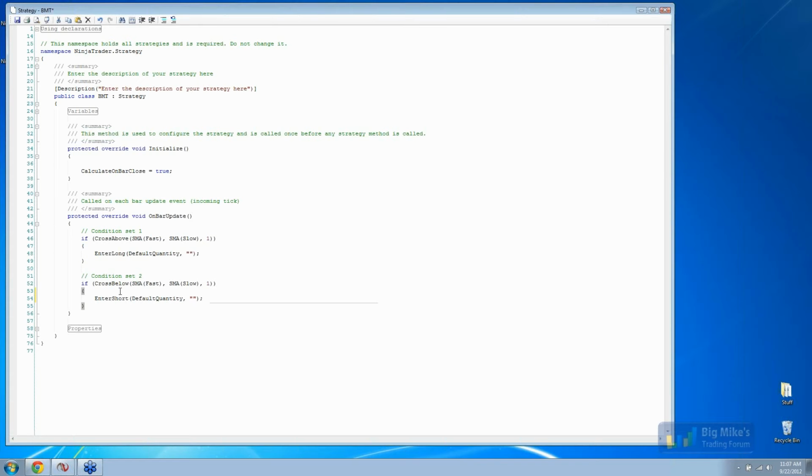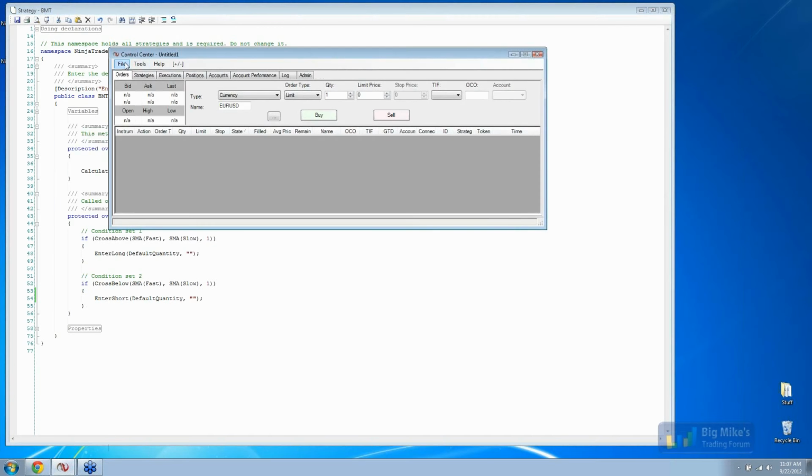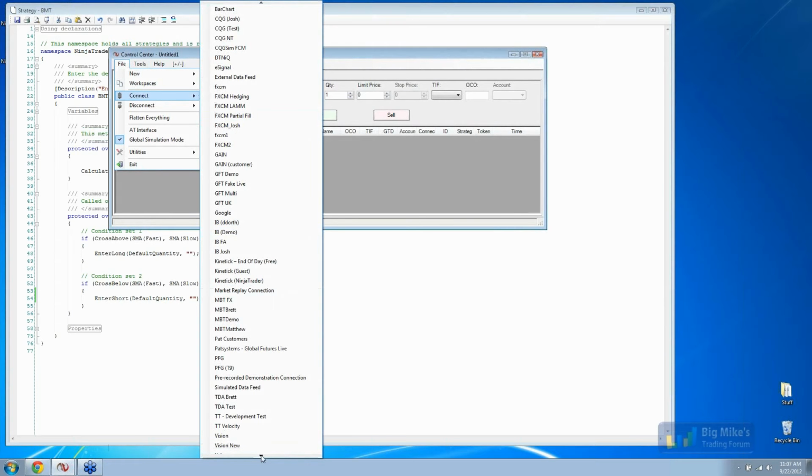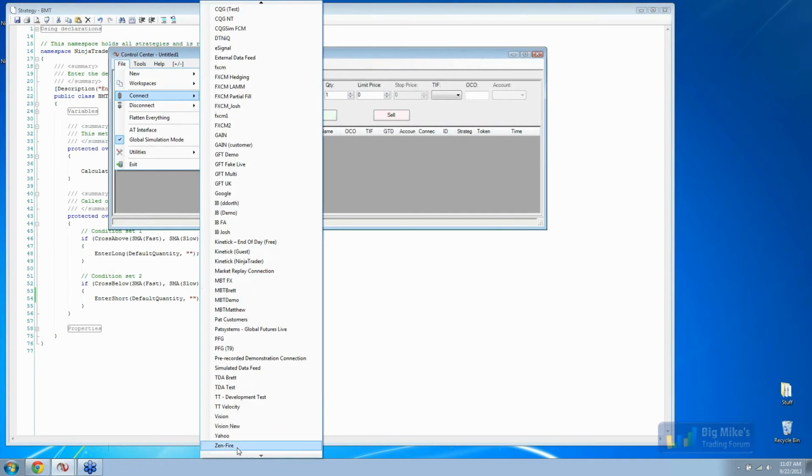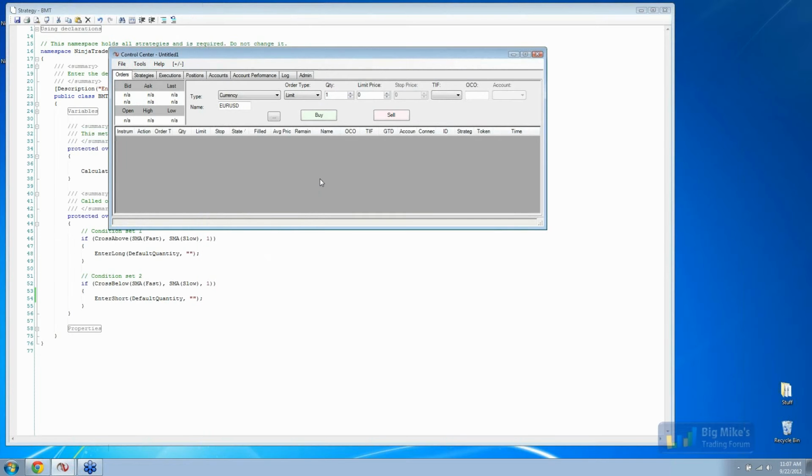So now that we have just a really basic strategy made, let me go ahead and compile my strategy by pressing the compile button up top. And then just so we get an idea of what the performance is like, let me connect to get some data, so we have a baseline of what our strategy performance is like.